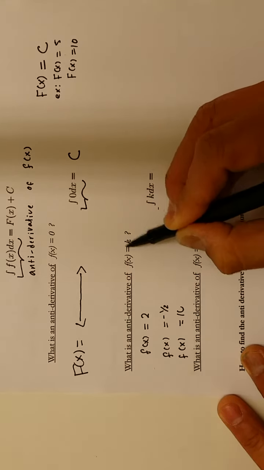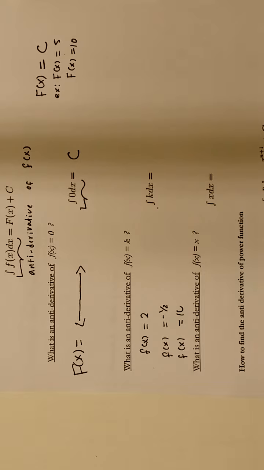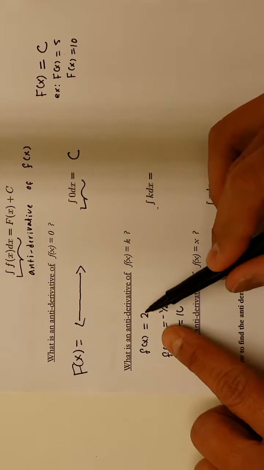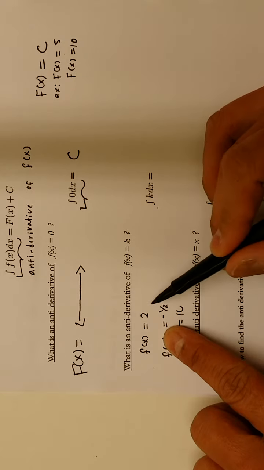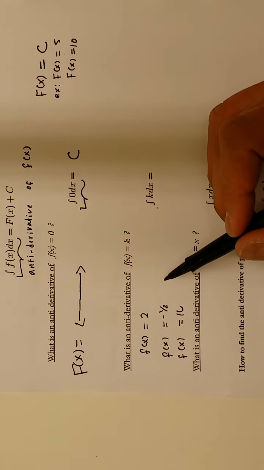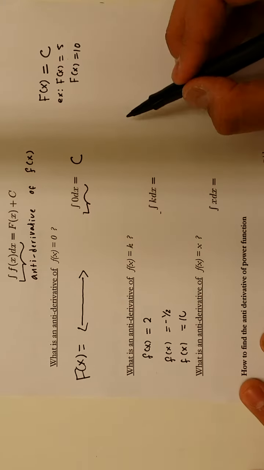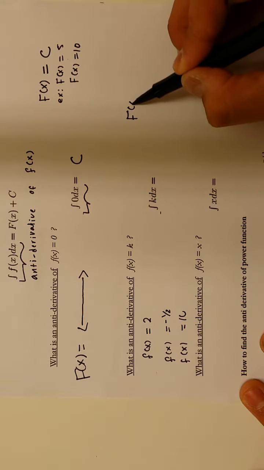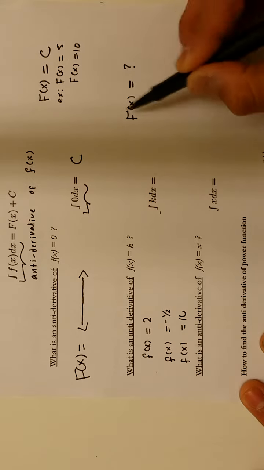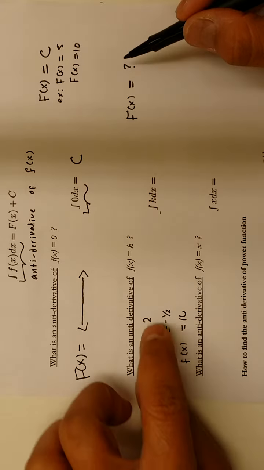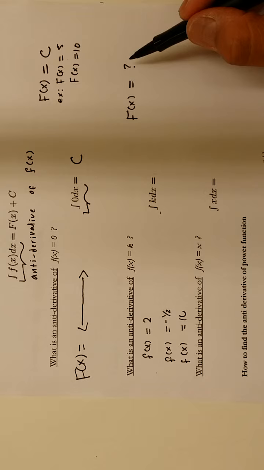So k is a constant. If your derivative is a constant, what is the antiderivative of that? In other words, what is a function such that when you take the derivative of this function, you get k?